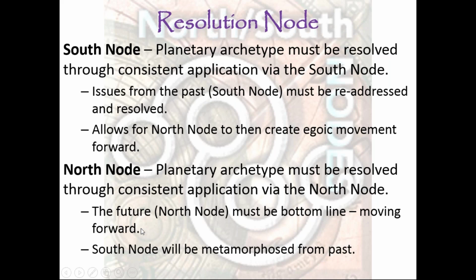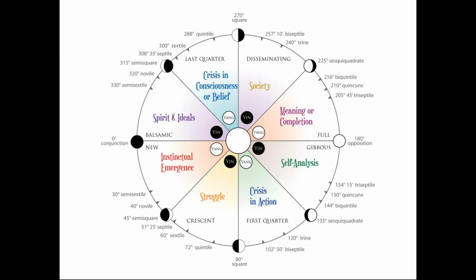It's not about going back to the past, although that will come up, but it really is about consistently going forward, one step in front of the other, moving ahead. And as you do that, then that south node will be metamorphosed and break free from the past that it was stuck in. So we will look at some examples with this.